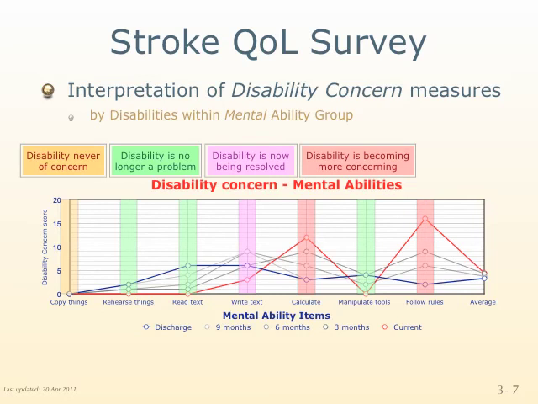Because the Stroke Quality of Life Survey is also measuring the moods associated with these disabilities, it gives the therapist a good indication of whether the problem might be a physical problem directly caused by the stroke or a psychological problem caused by the stroke.